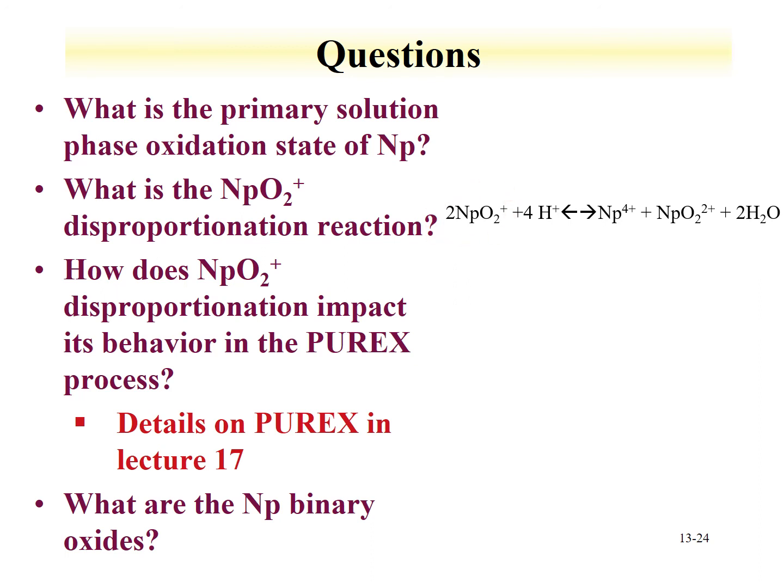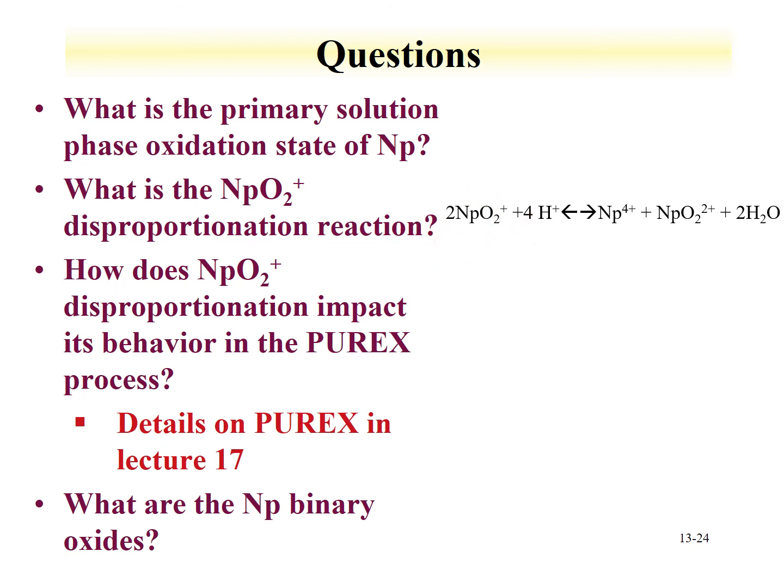How does this neptunium disproportionation reaction impact the Purex process? We introduced the Purex process in this lecture. We'll have some details on this process in lecture 17. But the process is used to remove uranium and plutonium from spent fuel. During the separation process, Neptunium-5 does not extract in the Purex process.